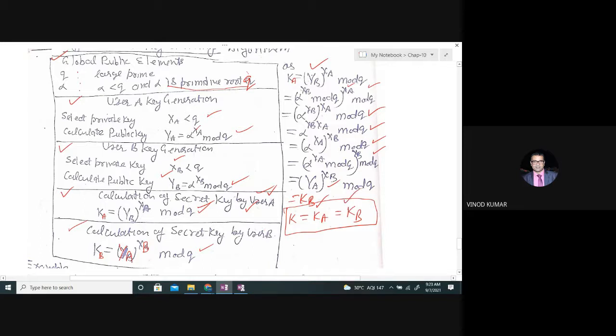Okay. So what is the importance of this shared key? Alice and Bob choose some private key and some public key, then share a common key for future communication. The application of this algorithm provides a future communication platform between user A and user B. Okay, this is a simple key exchange algorithm.